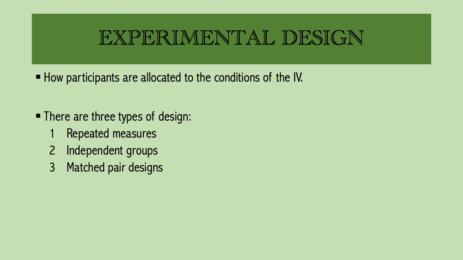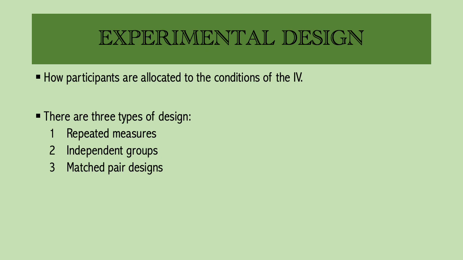Group 1 exercises for 5 hours, group 2 for 10 hours, group 3 for 15 hours, okay? So in that case, you have 3 levels of IV, 3 different conditions, 3 different groups. So experimental design is basically how you divide the participants into those different IV conditions.